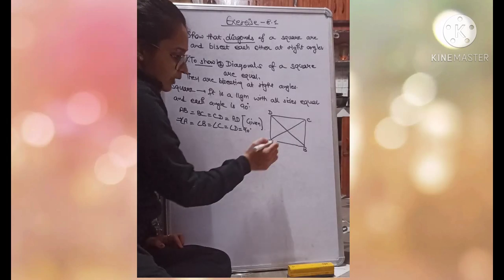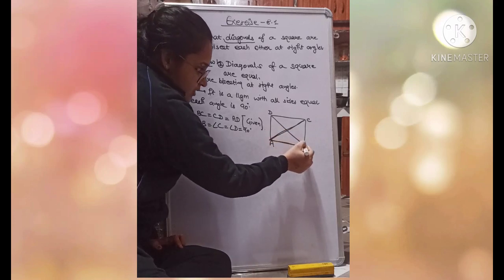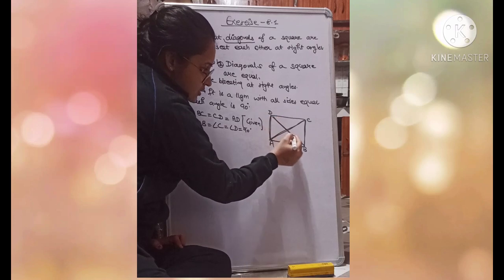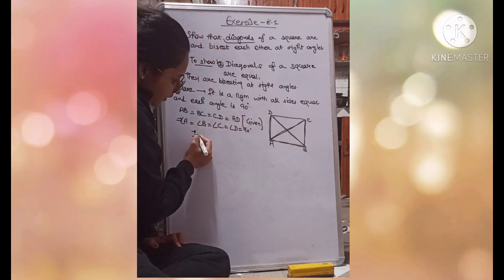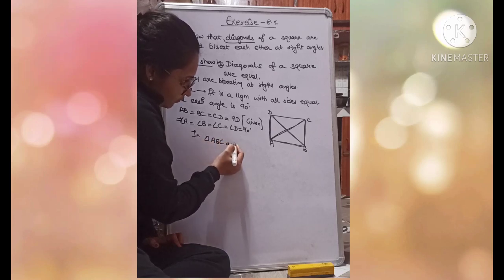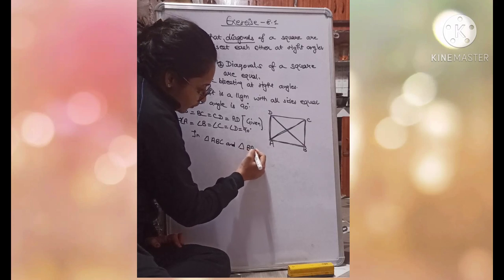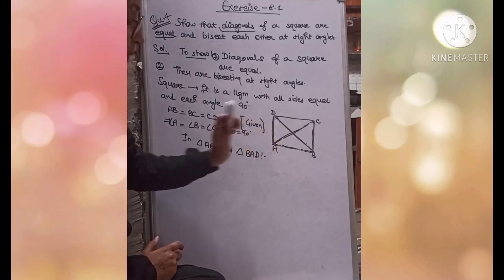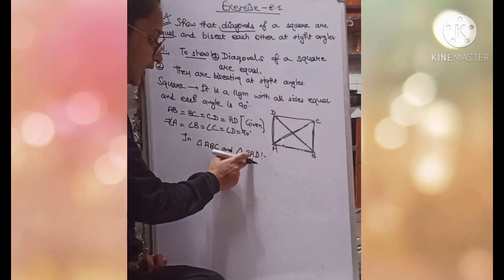First of all, see, if I am taking this triangle ABC and second triangle as BAD, in triangle ABC, first triangle, and second triangle is BAD, we have to show that AC is equal to BD. So first I am taking triangle ABC and second is BAD.